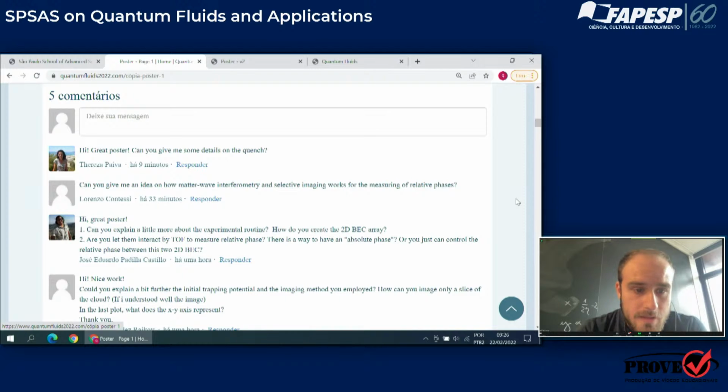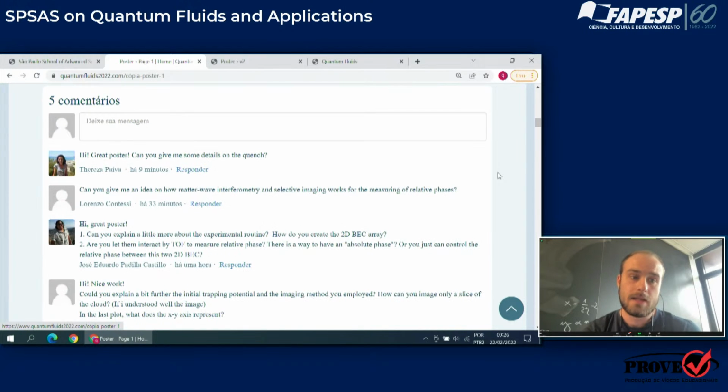Then I think there was another question about the imaging protocol we use. The way we image the atoms is by selectively repumping them before imaging with a thin light sheet. We derive this light sheet from a digital micromirror device, and normally the atoms would be in a dark state, so it's impossible to image them.